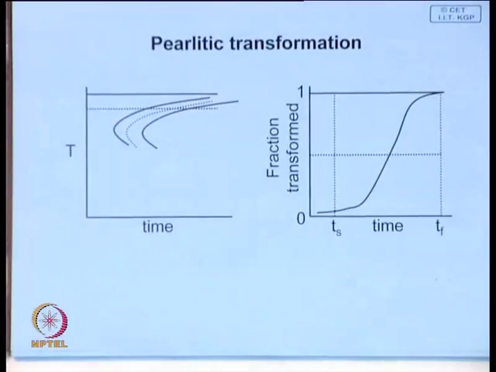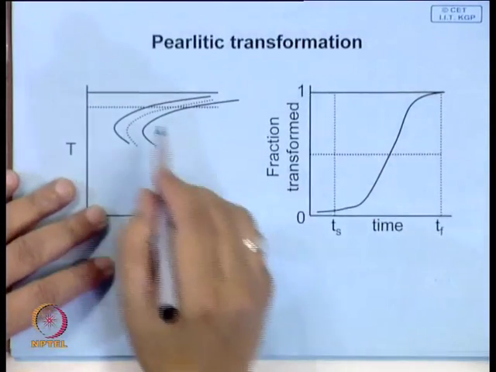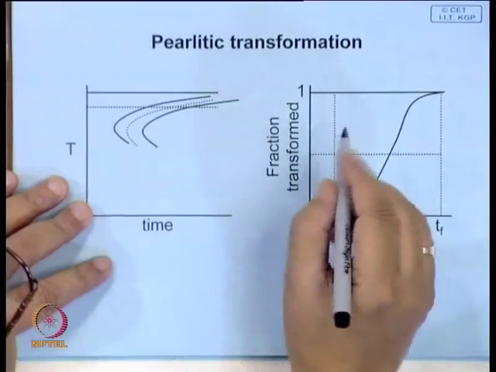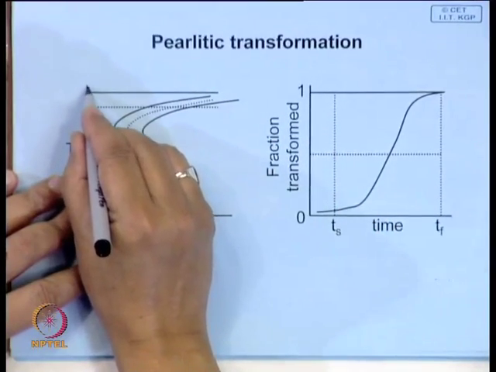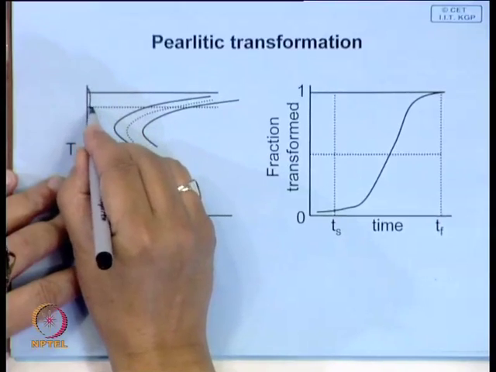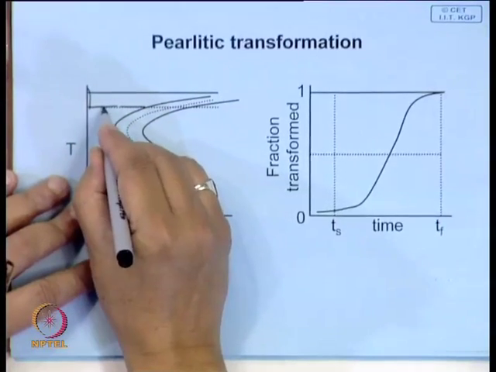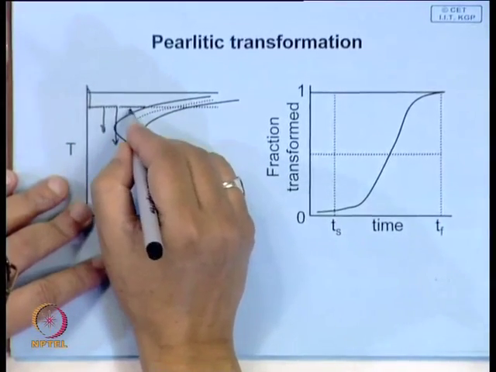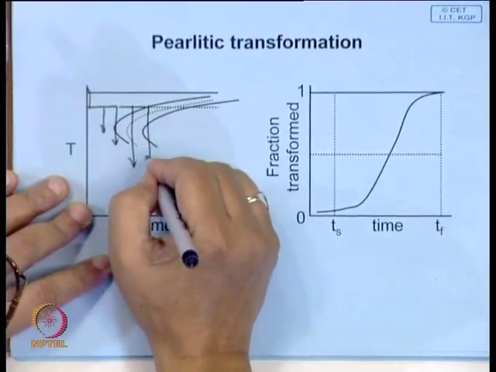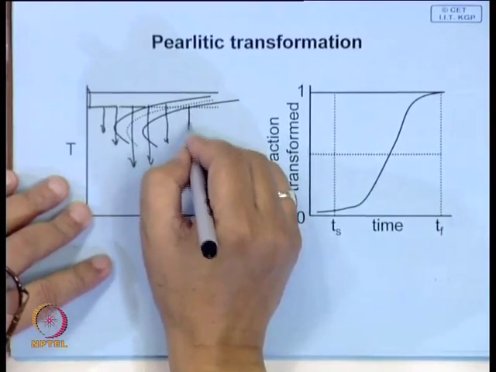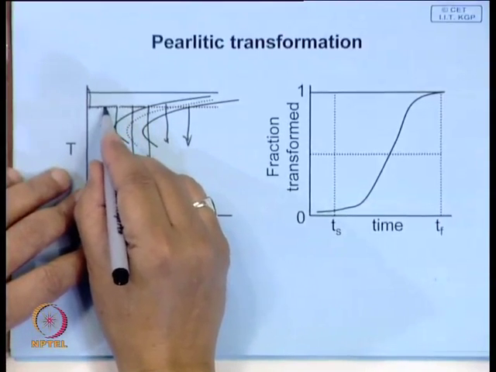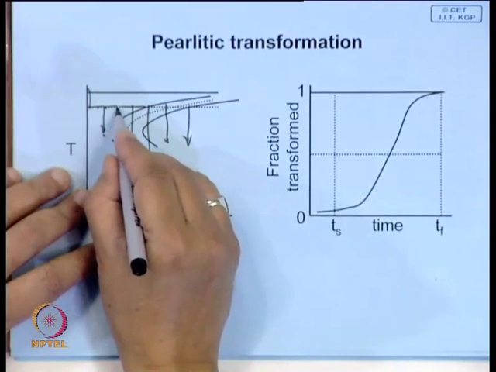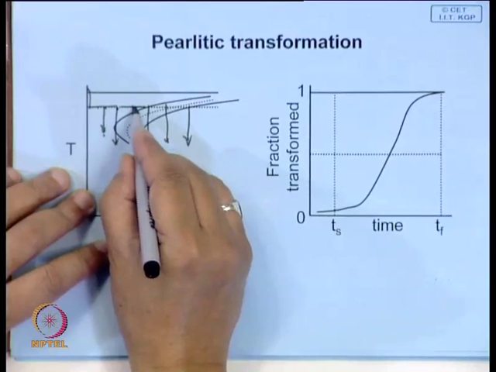Now, let us look at that Pearlitic transformation in a little more detail. Say, look at this, and if you plot this as was mentioned earlier, that you have quenched it here, then you hold it, you cool some of these, quench from here, here, here, and maybe if you look at that microstructure, you will find that in this particular case, this will be 100% Martensite, here 100% Martensite, 100% Martensite.